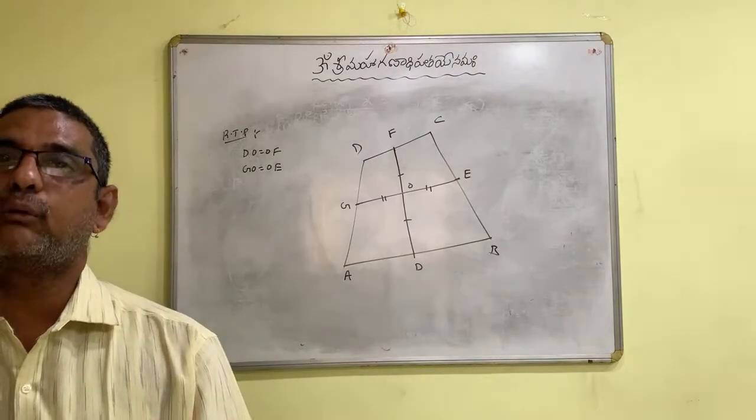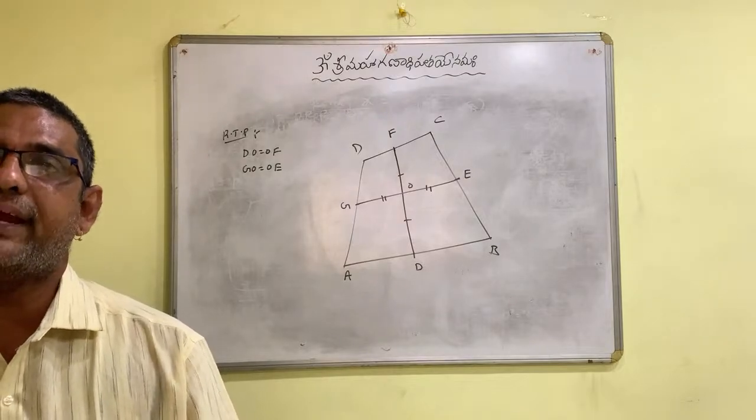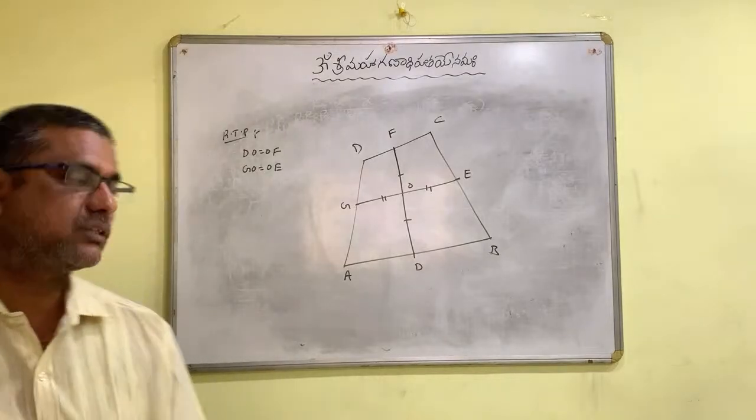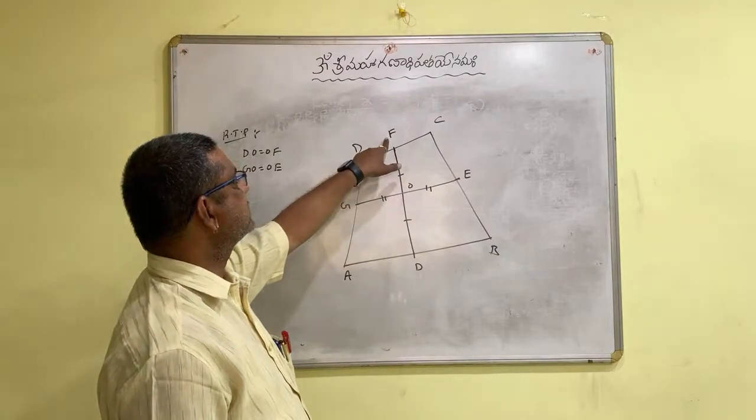This is the question. Midpoints of opposite sides means D is the midpoint of AB, F is the midpoint of BC.